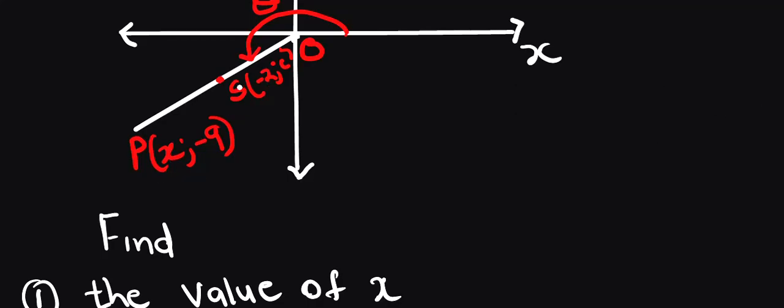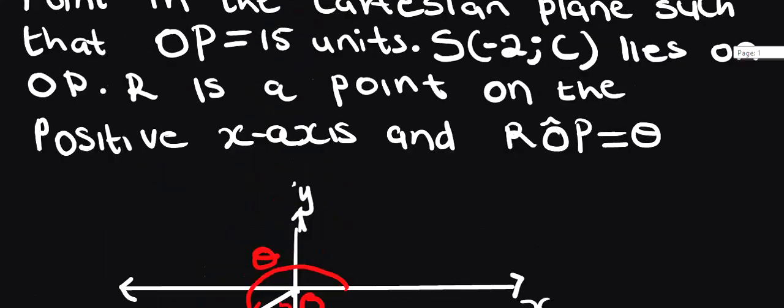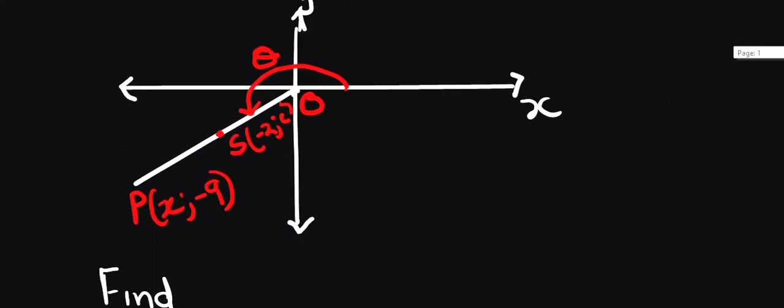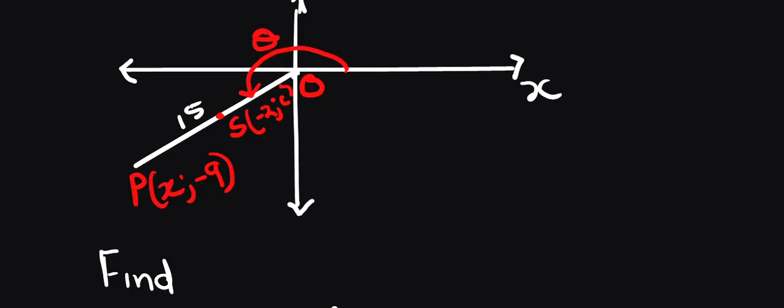Since we are told in the above statement that OP is 15 units, let us put 15 units here. Now we can use the theorem of Pythagoras to find the value of x.